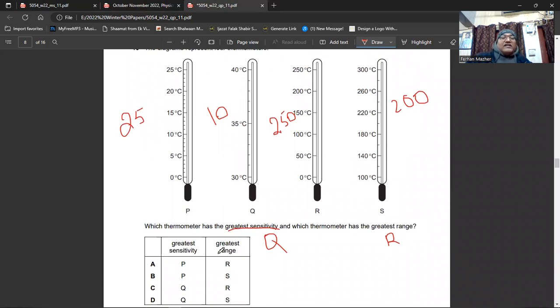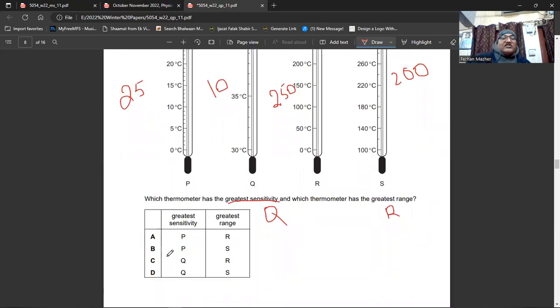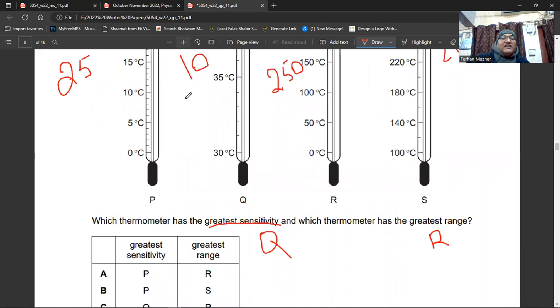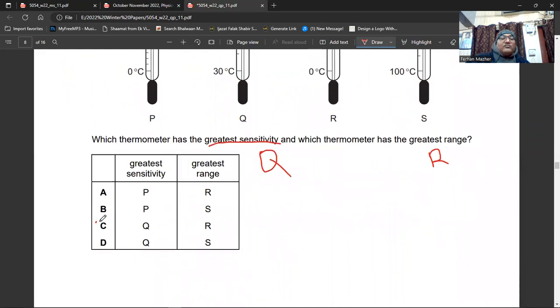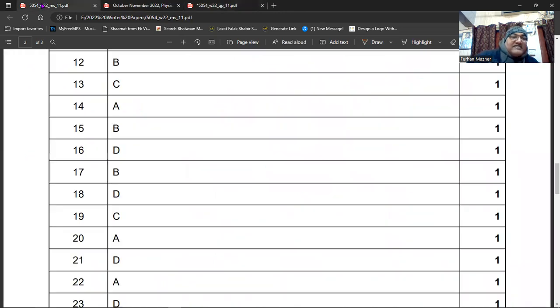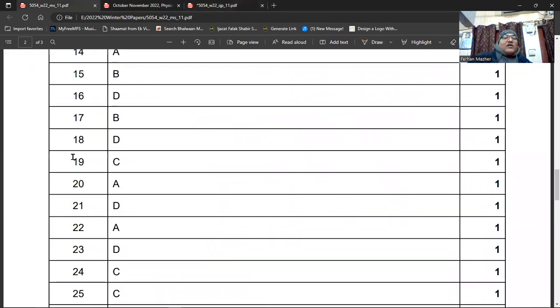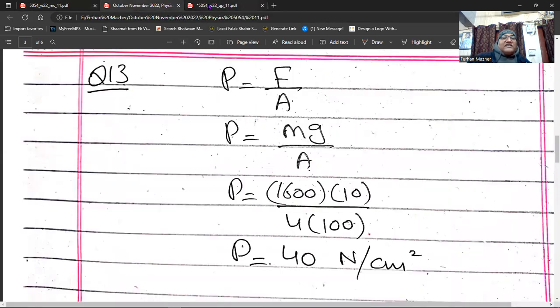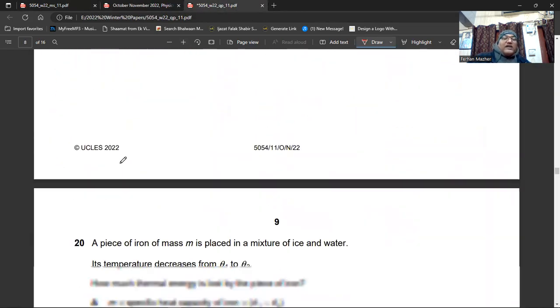So the greatest sensitivity will be Q and the greatest range will be R. So I think C is the right choice, sir. Question number 19, C is the right choice. Okay, so we are going to the next question.